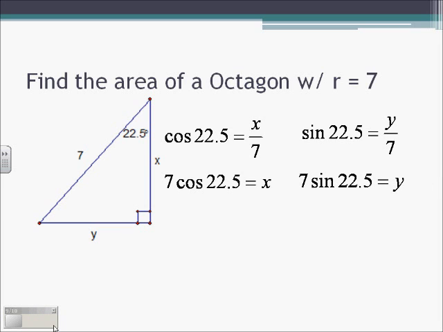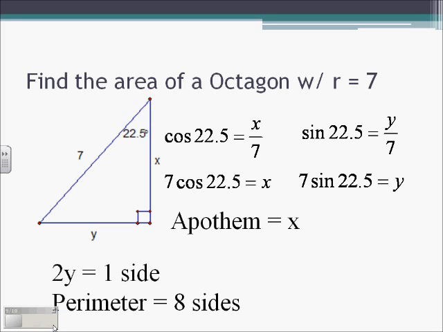Again, we know x is our apothem, and y is going to be half of one side of our octagon. So we multiply y by 2 and then by 8 to get our perimeter. So our perimeter is going to end up being 112 times the sine of 22.5.